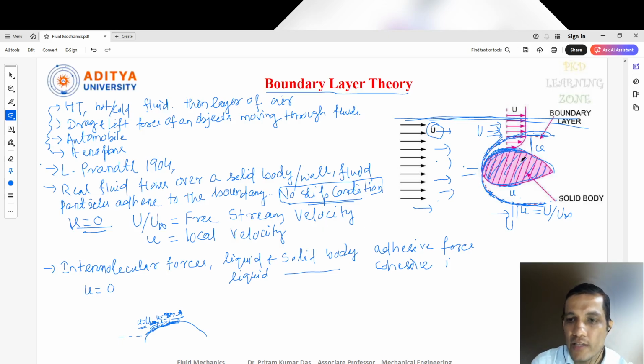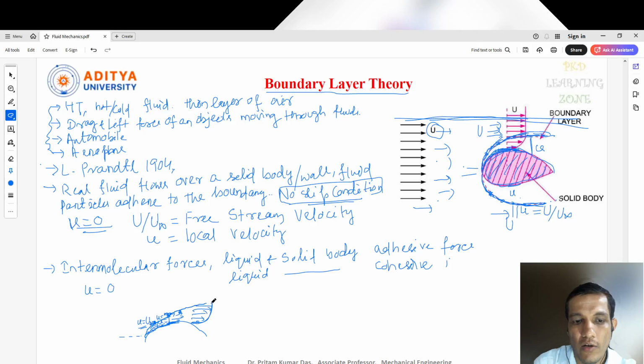Now the next point: you can see there is a change in velocity in the vertical direction, along the y direction, from the surface level to this boundary layer. As I told you, the velocity is increasing slowly like this, giving a parabolic formation. That means this is the velocity profile.